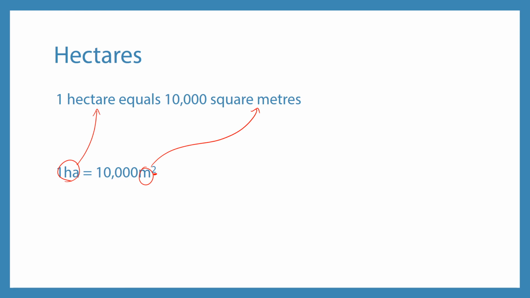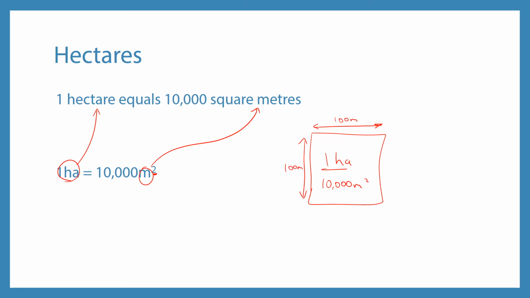So 1 HA is always going to be 10,000 meters squared. So 100 meters by 100 meters. So that's what a hectare means. It means that it's a square of that size.